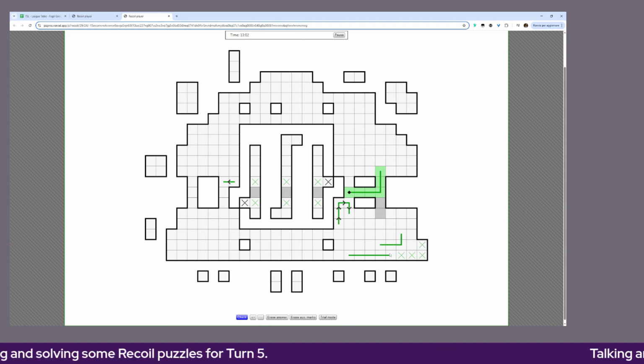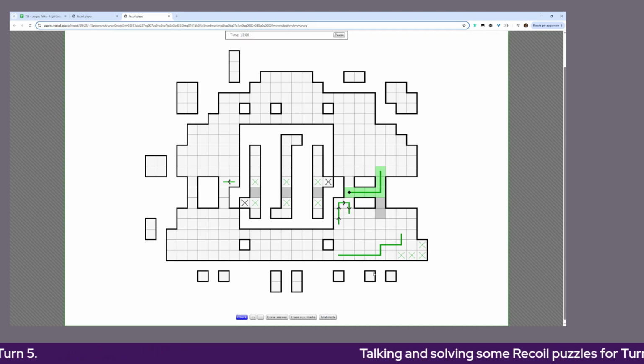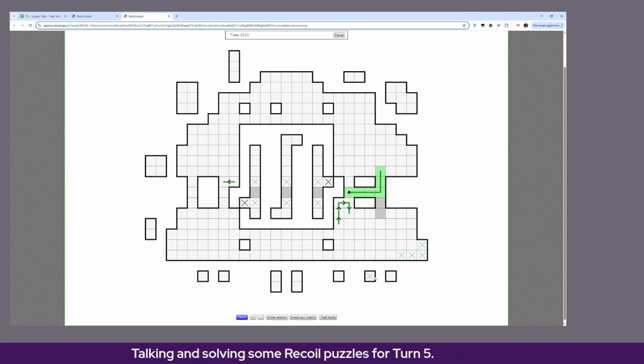Okay, so for example, you go here and then here you need 4, 1, 2, 3, and 4. Okay, but every time you take some of those 2 cells, at least one of those 2 can't be recoiled.